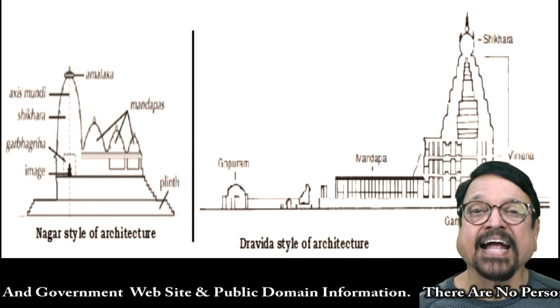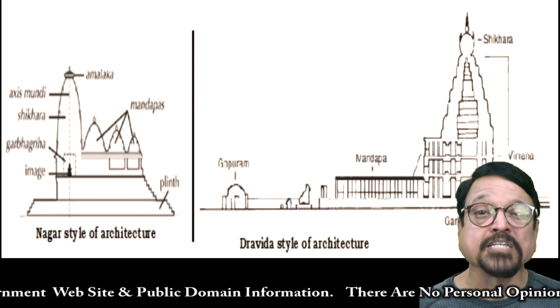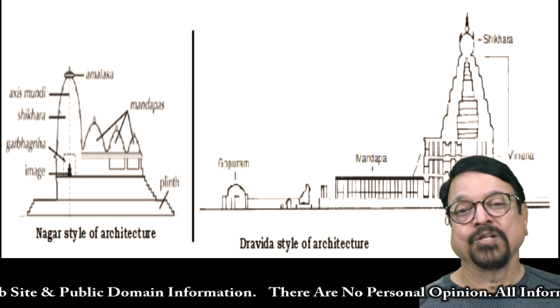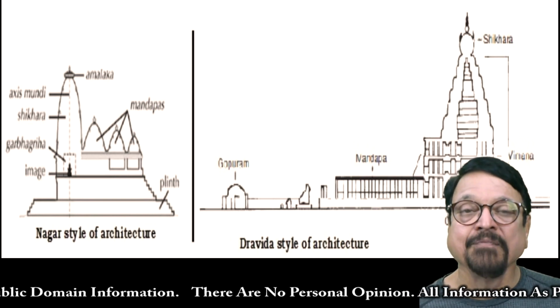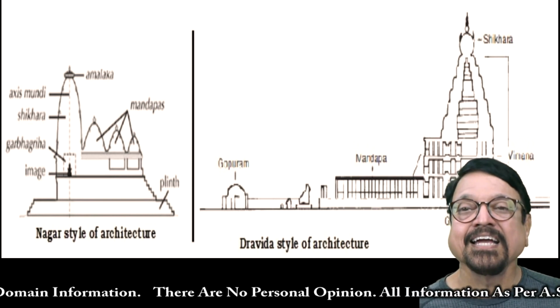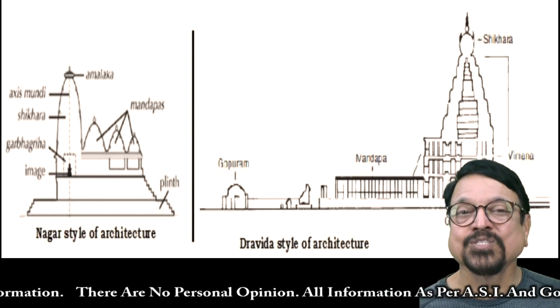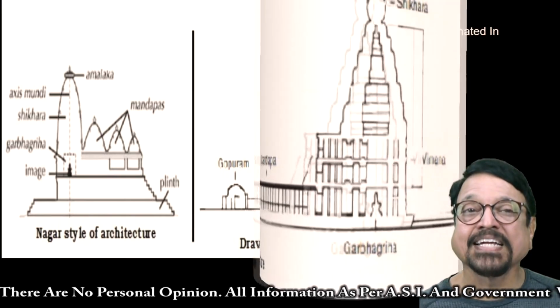So they are flat, while here they are not flat. Then a compound wall is present in Dravidian. So many differences are there. But in spite of that, each one of them complements the other as far as beauty is concerned. So let's get going to the main topic, that is the Dravidian style of architecture.